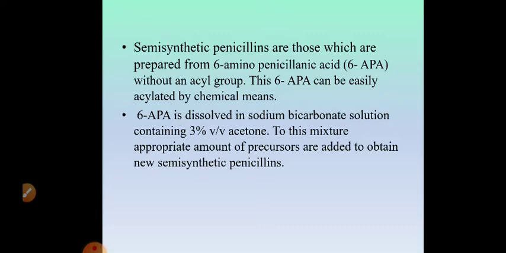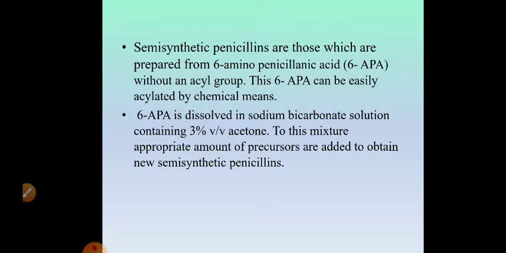This 6-amino penicillanic acid is easily acylated by chemical means. It is dissolved in sodium carbonate solution containing 3% volume by volume acetone. To this mixture, an appropriate amount of precursors is added to obtain new semisynthetic penicillins.